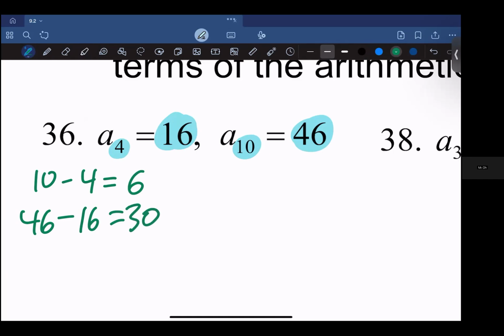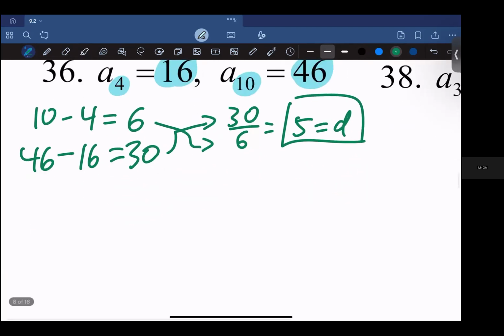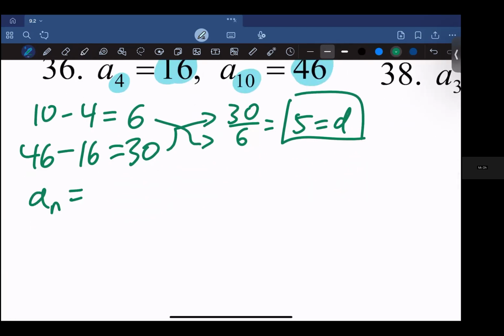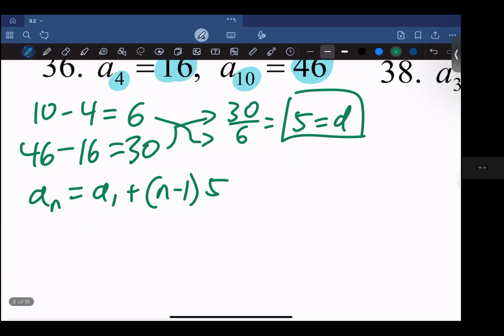Nice. From here, I'm going to divide these to give me 5, which is my common difference. Next, a sub n, I can start getting this formula ready: equals a1 plus n minus 1 times 5. All right, let's plug in. It's always easier to just do the smaller one.